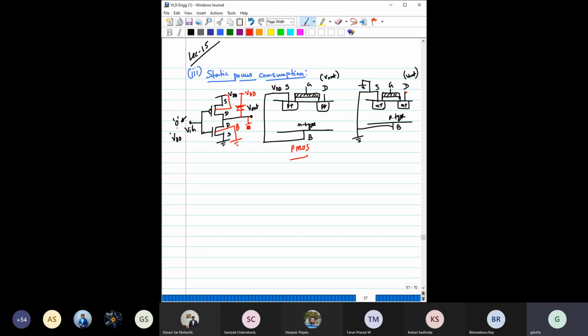So we can illustrate this like this. Probably I have to change the diode direction because here P is connected with ground, so it should be like this. So we can model this total phenomenon by introducing another diode here, the leakage current for this NMOS.